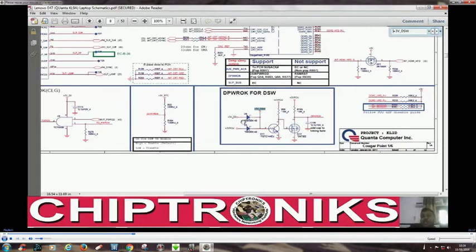So an HM67 board can be implemented in two ways. One, where the deep sleep well function is used, and another where the deep sleep well function is not used. Where the deep sleep well is used, it needs to be tied up with +3V_PCU, and where it doesn't need to be used, it needs to be tied up with +3V_S5, because in that case deep S4 S5 is the same as S5, right?